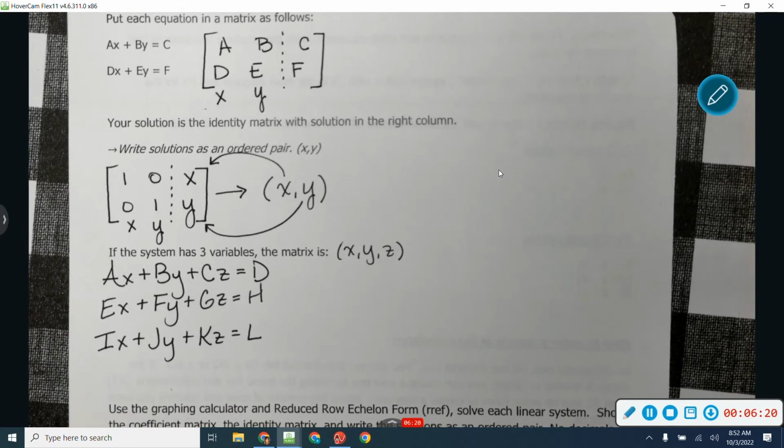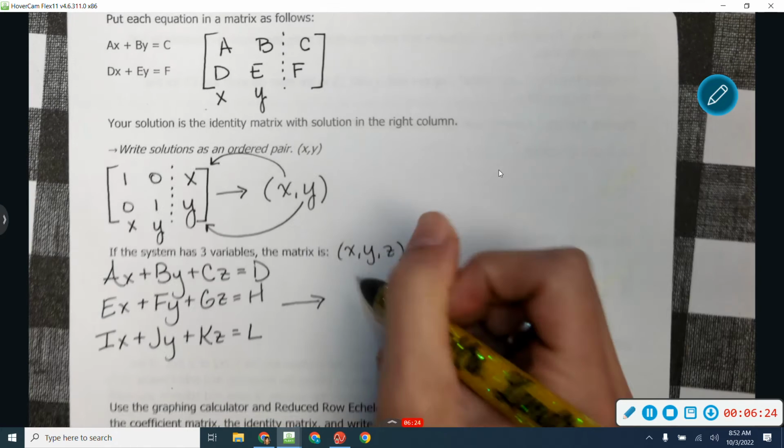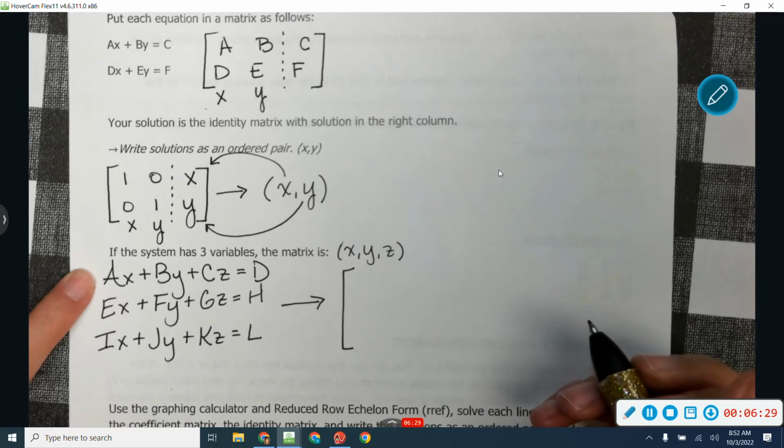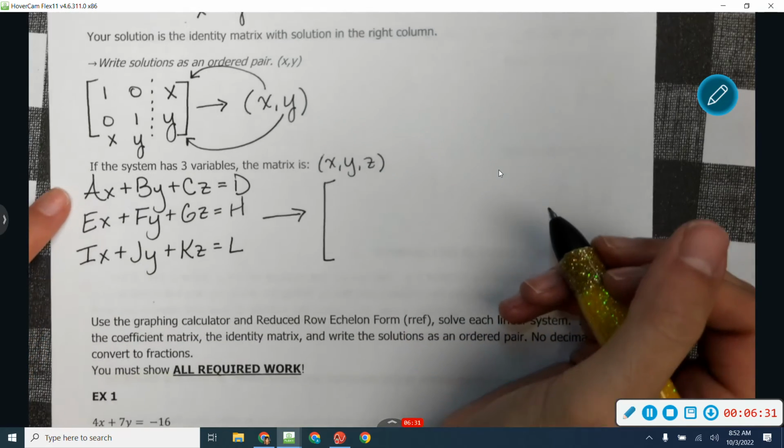So if I had a system of 3 equations with 3 variables, that coefficient matrix is the same idea of what I just did. All those numbers in your first equation are the numbers in the first row.